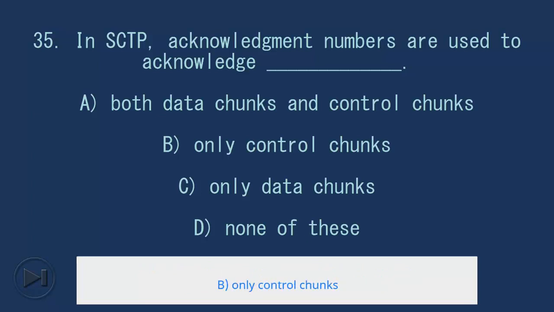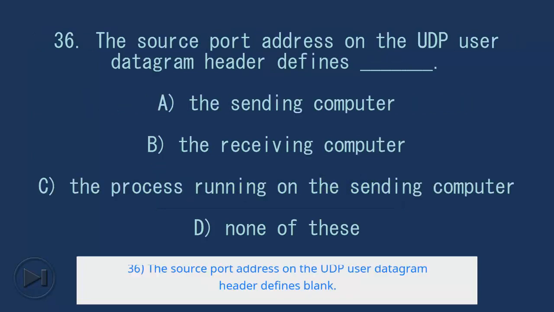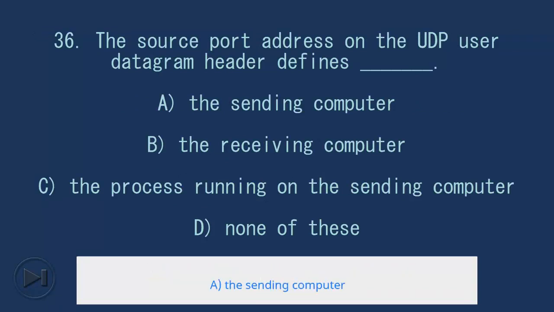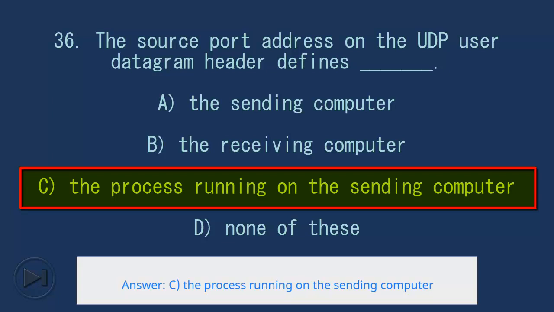B. Only control chunks. C. Only data chunks. D. None of these. Answer, C. Only data chunks. 36. The source port address on the UDP user datagram header defines blank. A. The sending computer. B. The receiving computer. C. The process running on the sending computer. D. None of these. Answer, C. The process running on the sending computer.